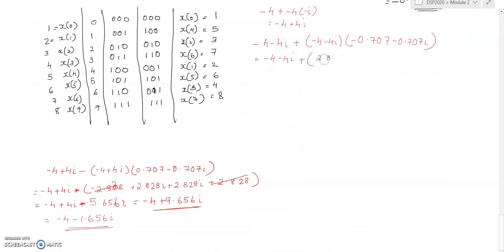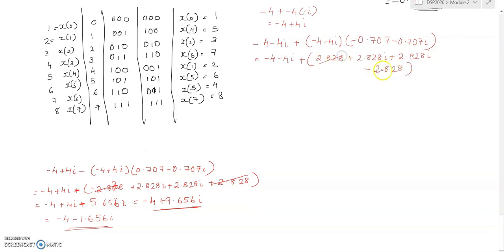So this will be 2.828 plus 2.828i plus 2.828i minus, so this will become plus, these terms will become plus, but because of the i square coming up, this will become minus, so this will be 2.828.